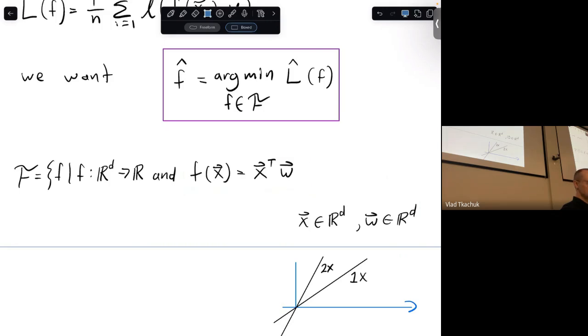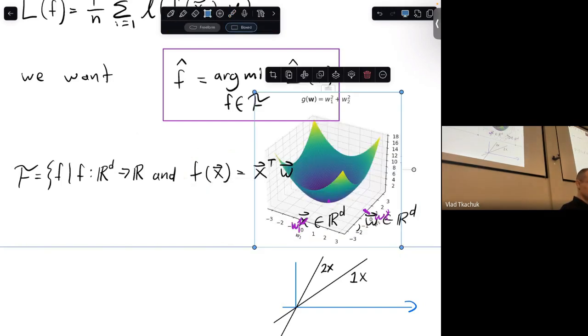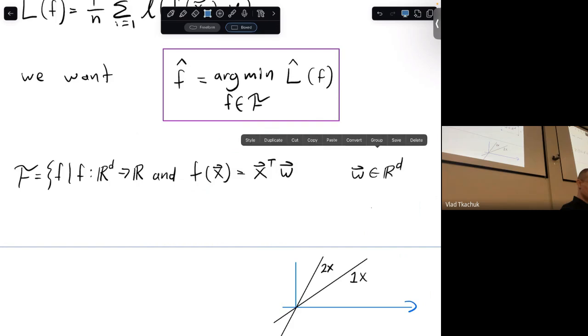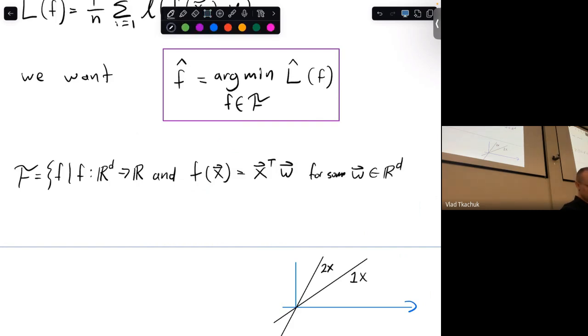You've practiced a little bit of this. Here's the example of the function class that contains all lines. It's the set of all functions such that each function is of this form. It's just a function of x, and it has this form for some value of w. So you remove this, you put this here, and this holds for some w.